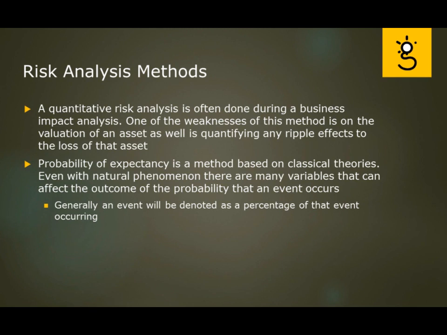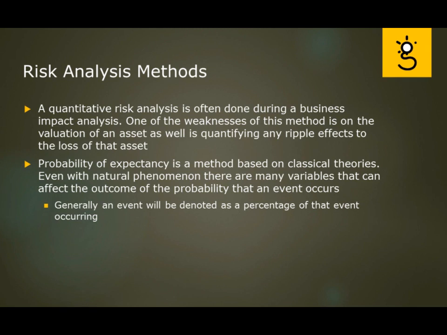So, the question is, if you had just said, okay, that data cost us this much in man hours to recreate, that's not the price of that asset. That might be the price to recreate it, or you might say, well, I've got it on backup, it'll be easy to restore, it won't cost us anything. No, you've got reputation, you've got the damages, the liabilities, so ripples, that's what I'm trying to get at.